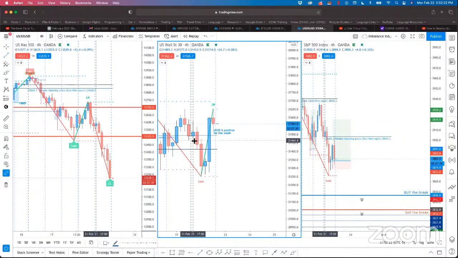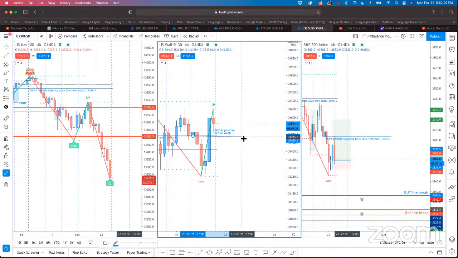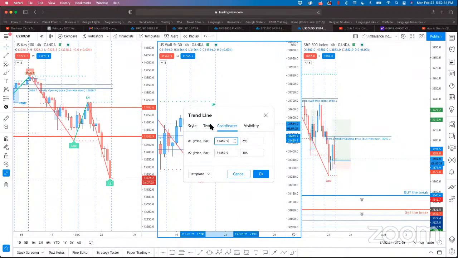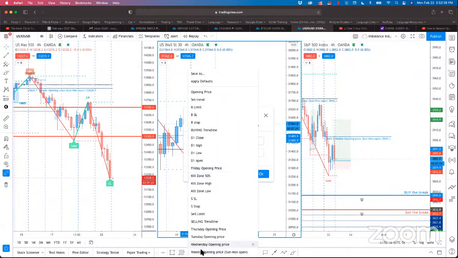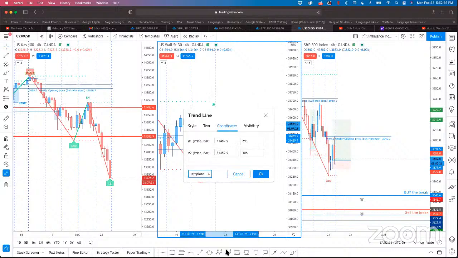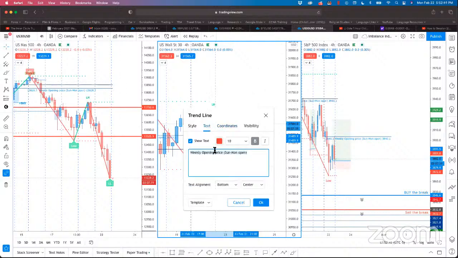We'll note that, right? This is the first candle from Sunday right here. So we're going to draw this out right here, and I already have a little template. Weekly opening price, Sunday through Monday. Right here, the opening price was 489.3.